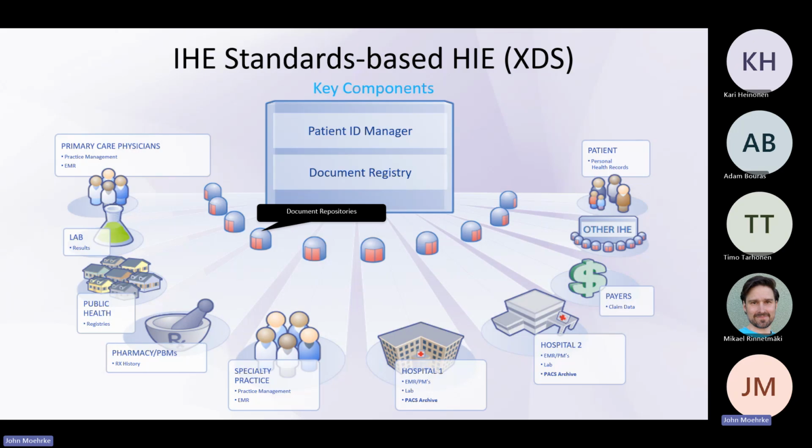It's just a different MIME type, but it can be described with the metadata. CDA is a prime one that is used, but PDF, text files, DICOM objects, all kinds of content can be registered. And indeed, from an XDS perspective, the formal CDA definition of a document doesn't really apply.